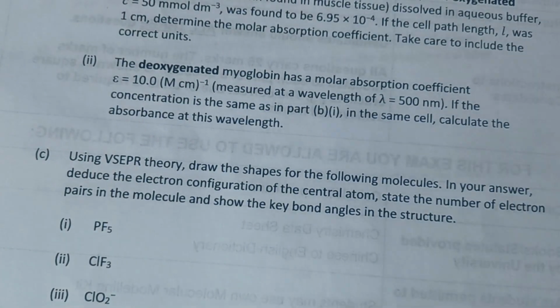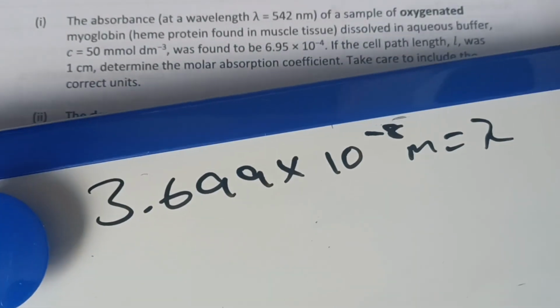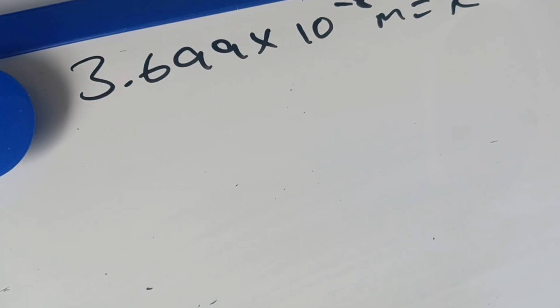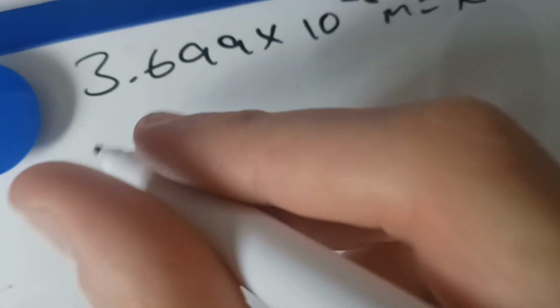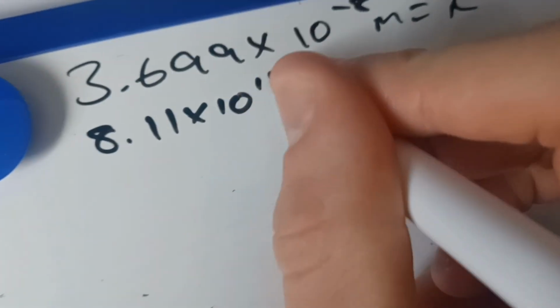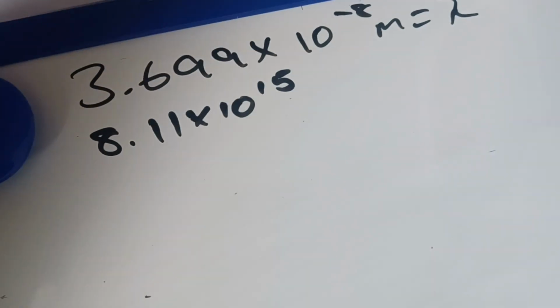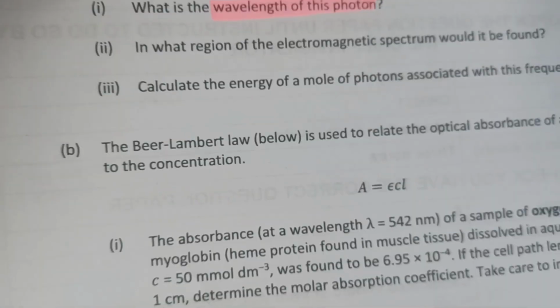So the second part of this question, in what region of the electromagnetic spectrum would this be found? So this is just a memory question. So we are looking at our frequency here, 8.11 times 10 to the 15, as given in the question.